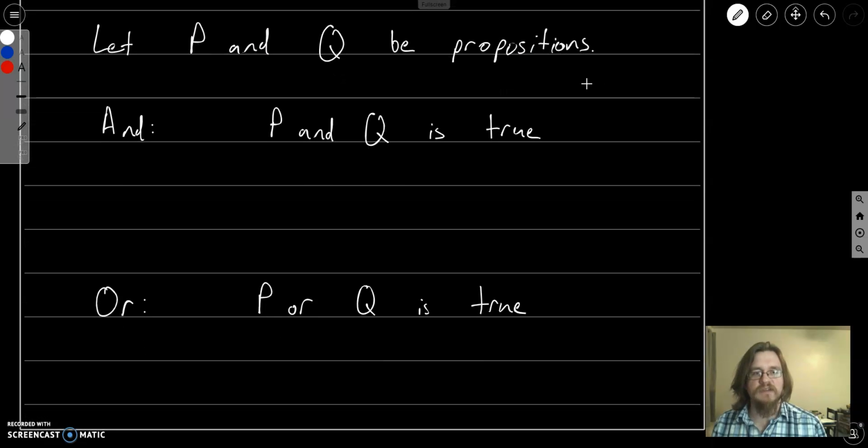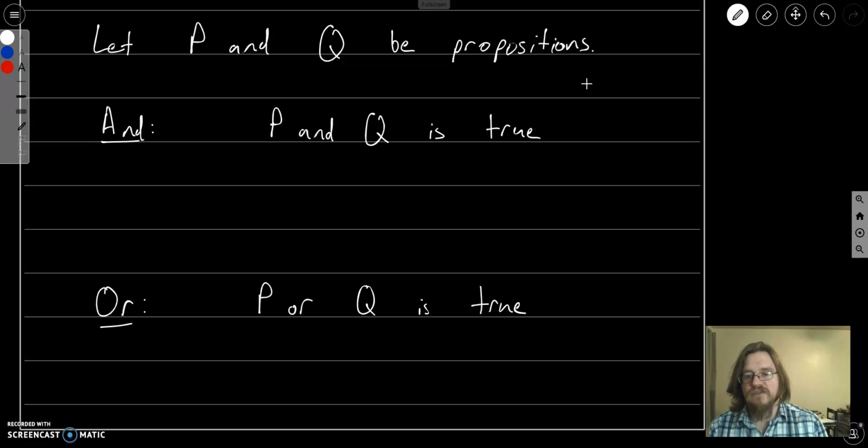And to begin with, let's look at the logical words and, or. So if I start with two propositions, maybe P is 2 plus 3 is equal to 5, and Q is it is not raining. These could be two propositions, just any two propositions that we want.